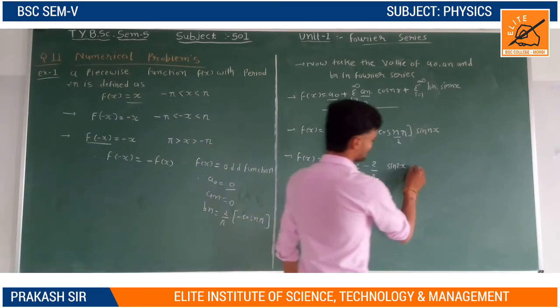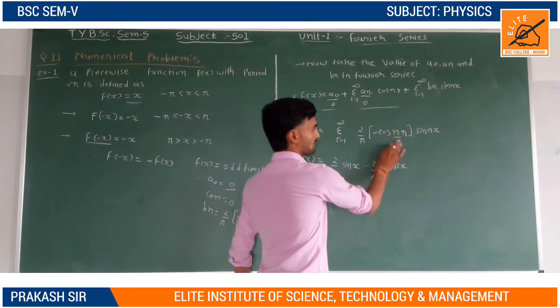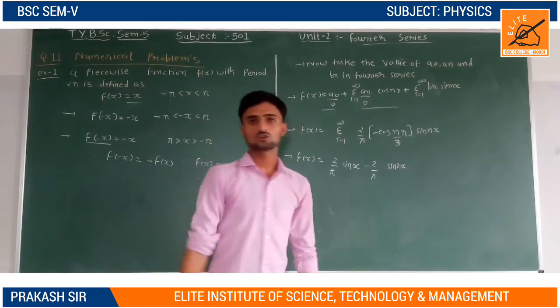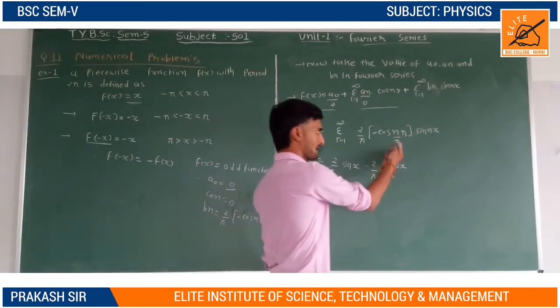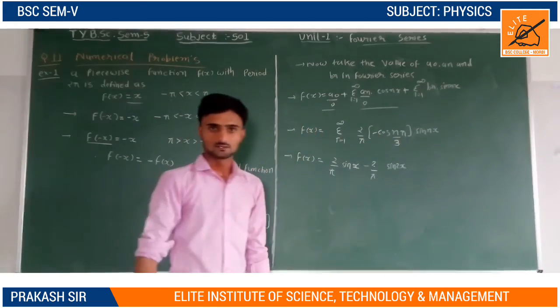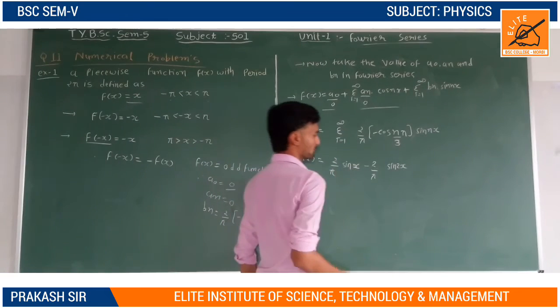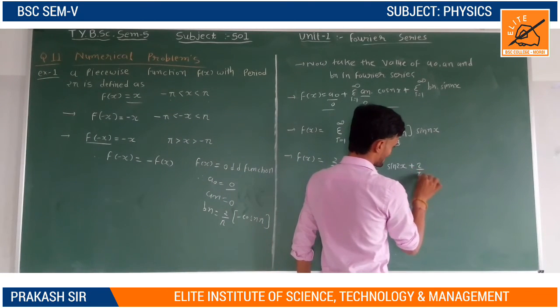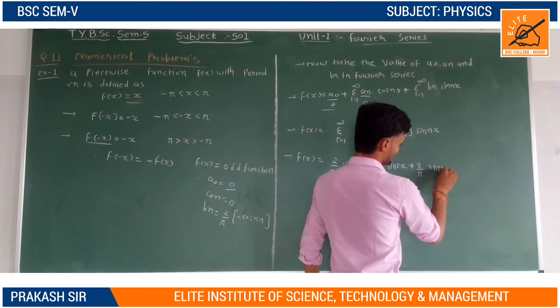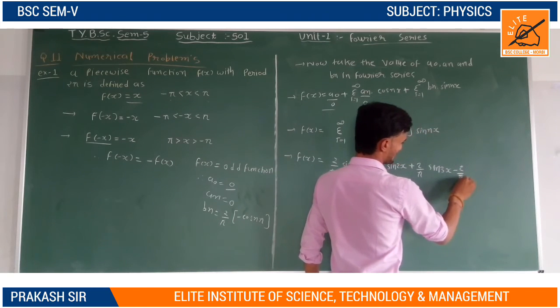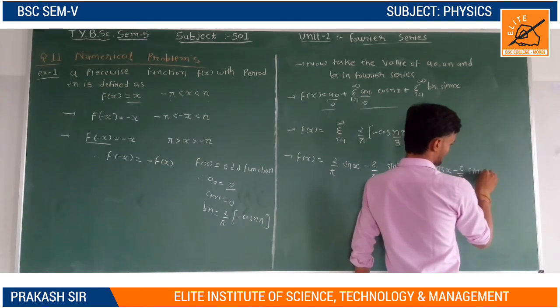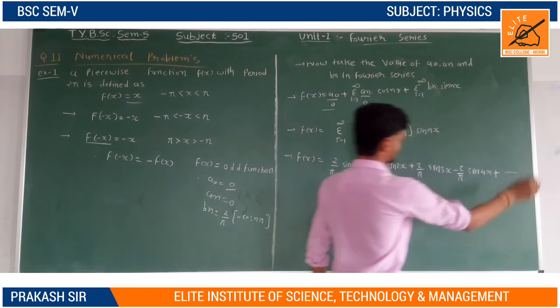And now n is 3, cos 3 pi is minus 1, into minus gives plus 2 upon pi sin 3x, minus 2 upon pi sin 4x, and it continues.